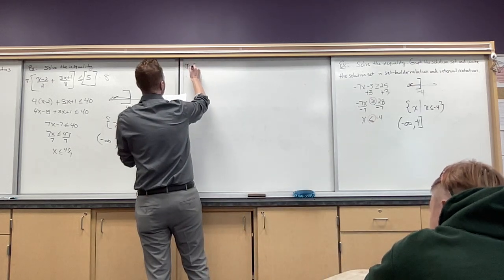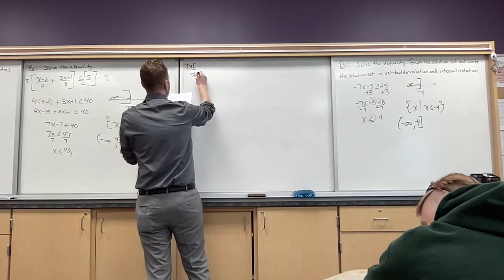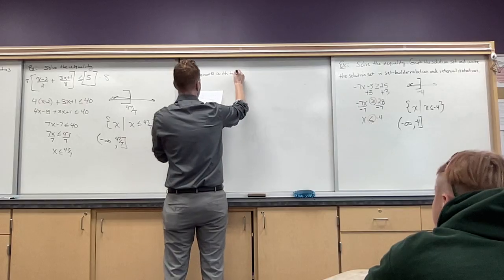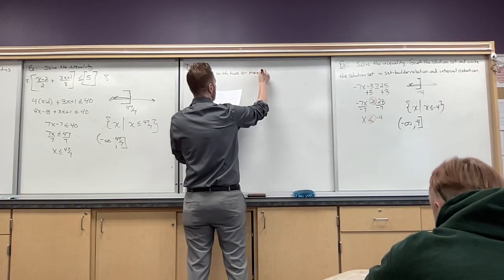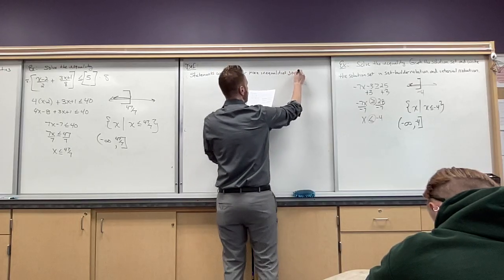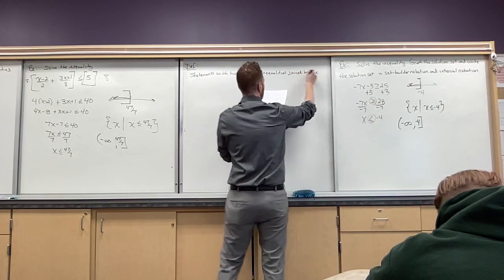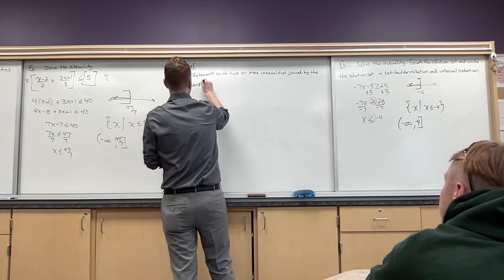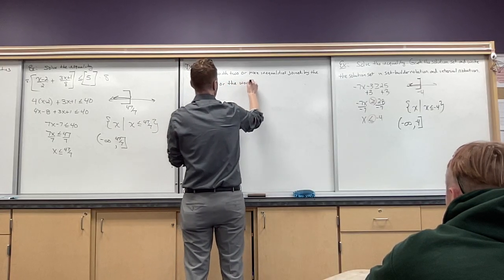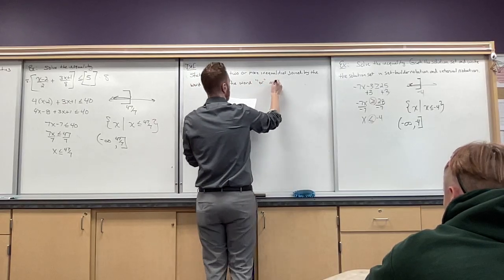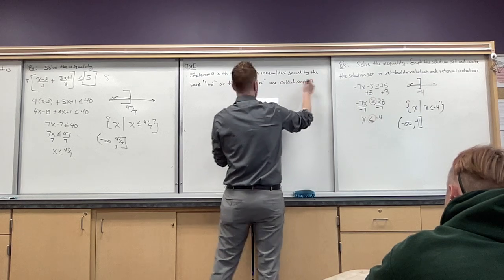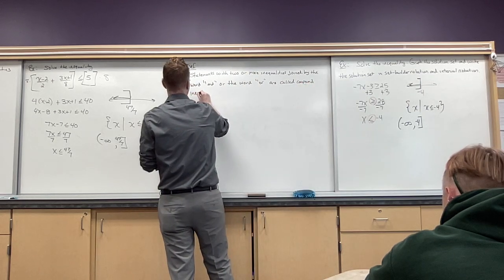Quick definition. Statements with 2 or more inequalities joined by the word and or the word or are called compound inequalities.